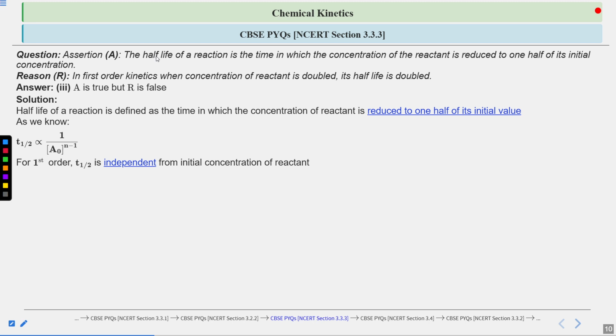Now, the assertion says that the half-life of a reaction is the time in which the concentration of the reactant is reduced to one half of its initial concentration, right? But the reason says that in first order kinetics, when the concentration of the reactant is doubled, the half-life also gets doubled.